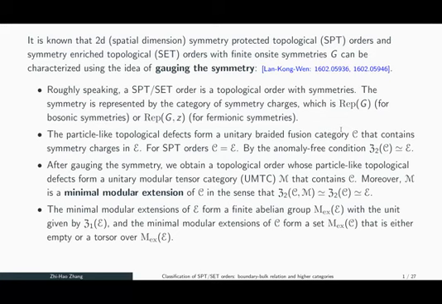And also we know the minimal modular extensions of E form a finite abelian group. And the unit is given by the Drinfeld center of E. It is a trivial modular extension.